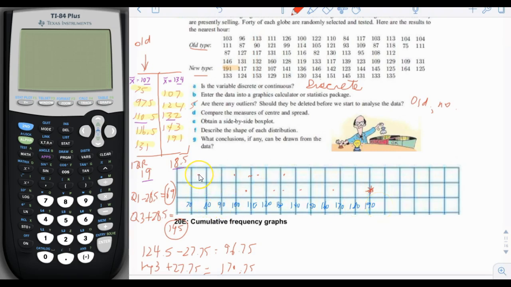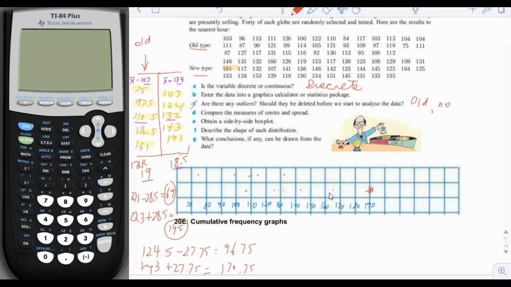And for the old data, I've marked 75, 97.5, 110.5, 116.5, and 131, which are the 5 numbers used to make the box plot. And for the new data, I put 107, 124.5, 132, 143, and 191 I marked with a star because it might be an outlier. And the second highest number is 164, so I marked that here.